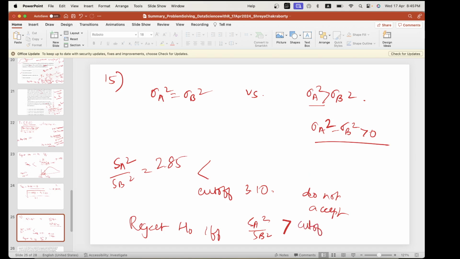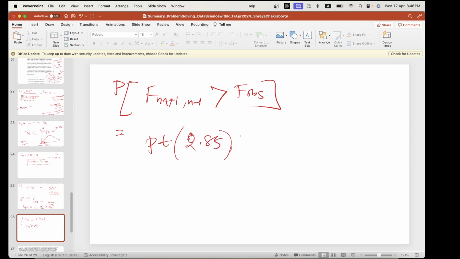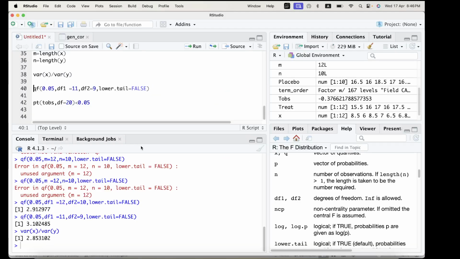So then your P value is probability F with m minus 1, n minus 1 greater than your F observed, 2.85, lower.tail equal to false. So that is your P value.